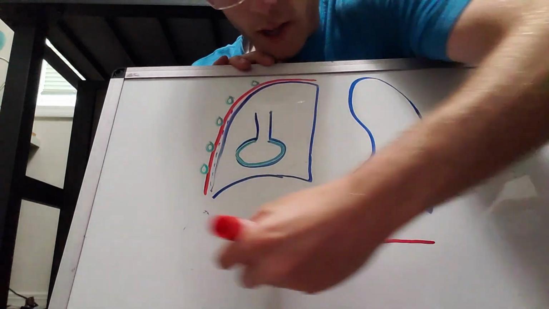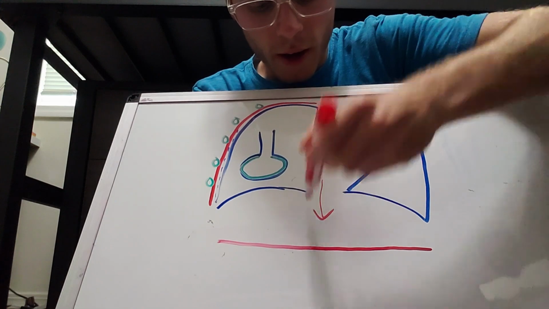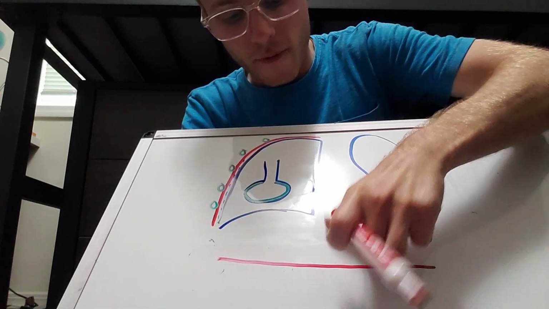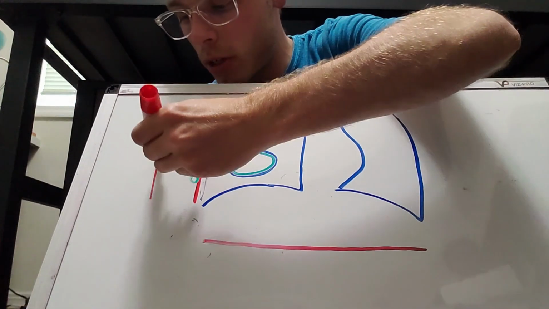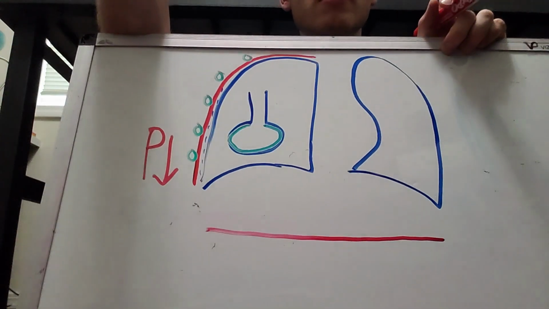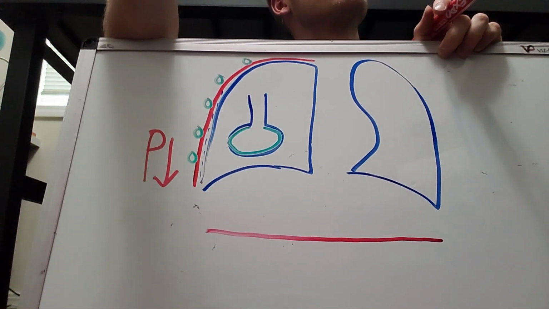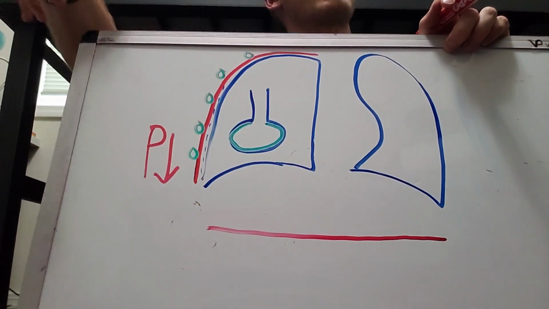We're going to go here. It contracts, becomes more straight. What did I do to the area here? I increased my volume. If I increase the volume, my pressure decreases. When I decrease the pressure, I become negative pressure compared to outside.